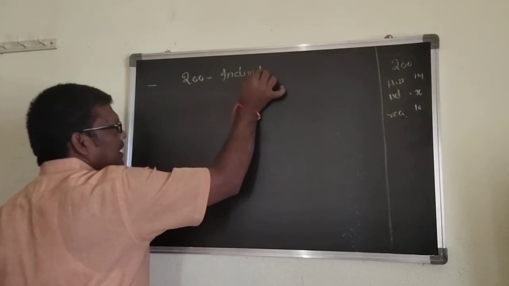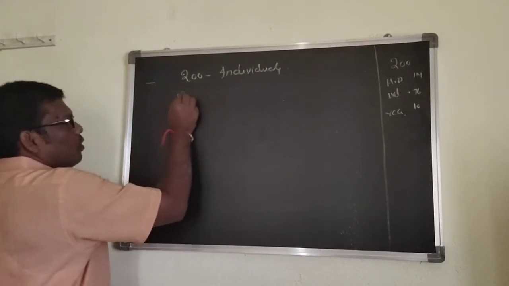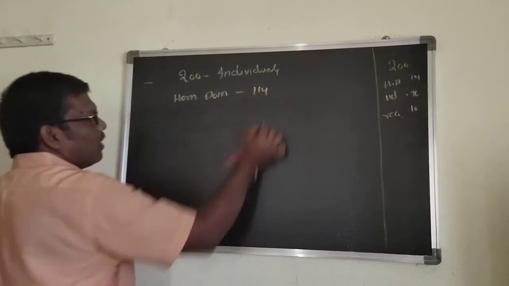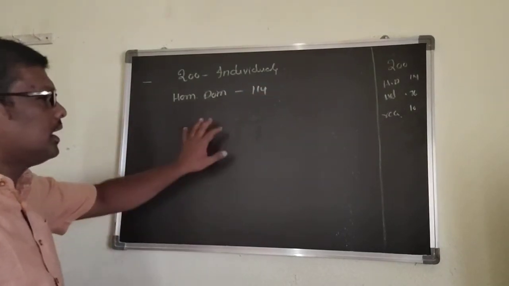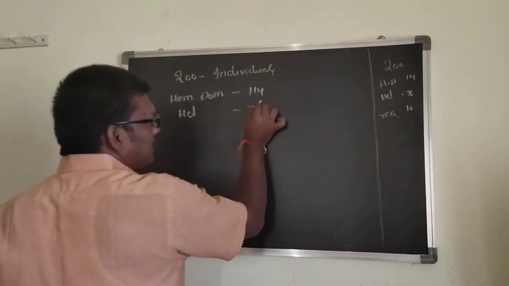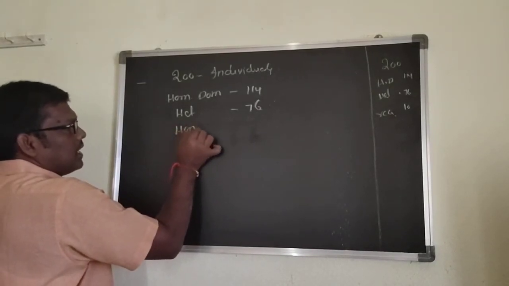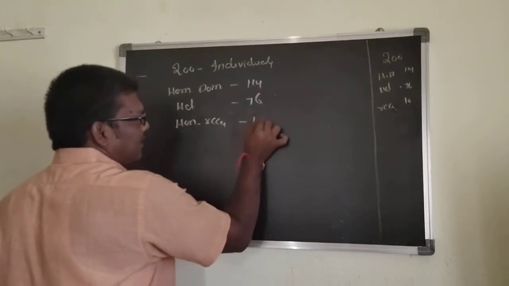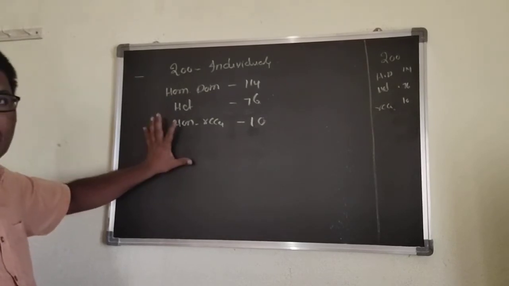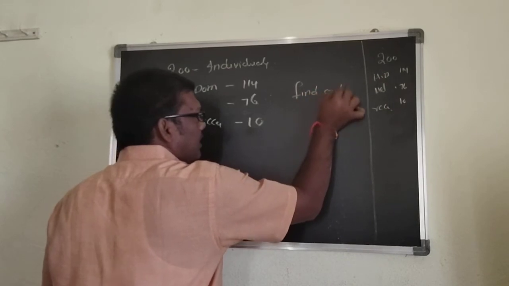Among the 200 individuals, homozygous dominant is 114 individuals, heterozygous individuals is 76, and homozygous recessive individuals is 10. Now they give the number of individuals and ask to find out the frequency.